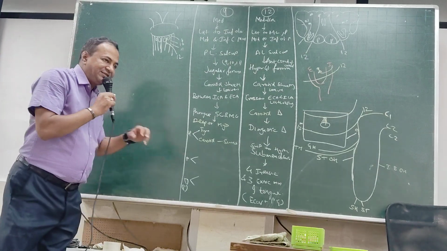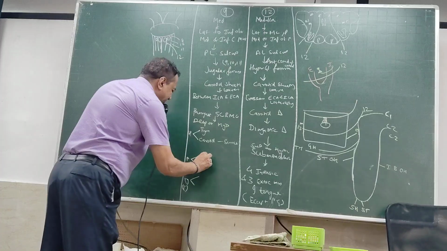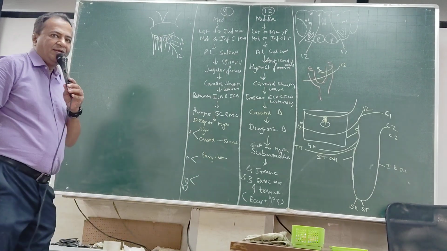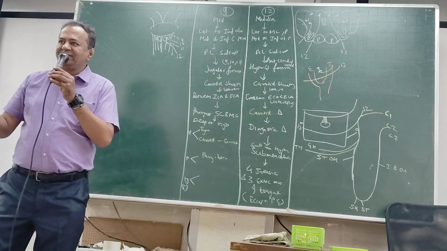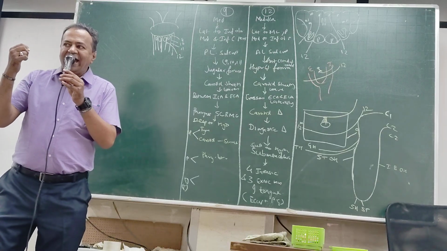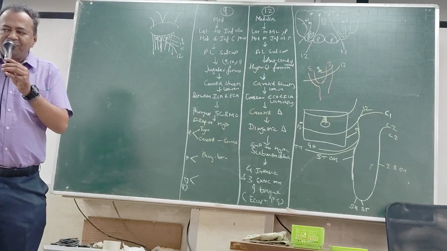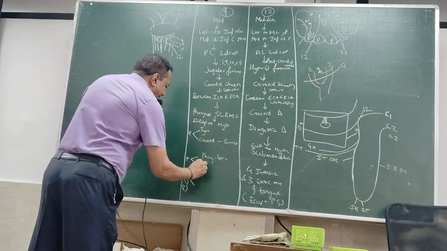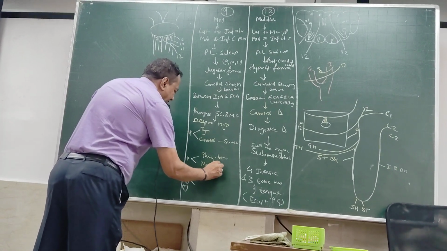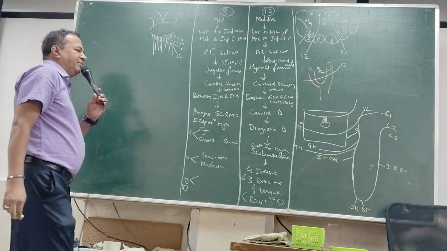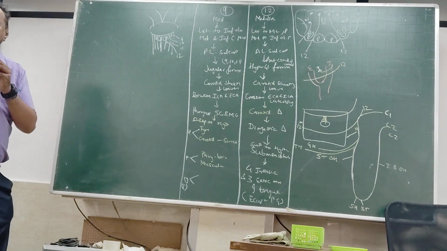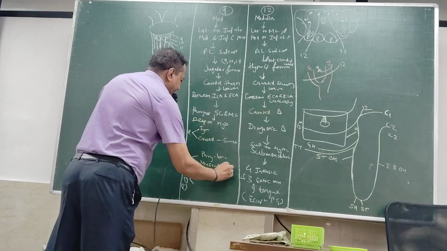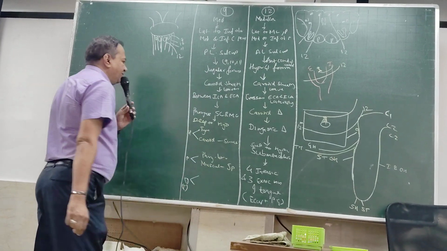In the pharynx, it gives a pharyngeal branch which is sensory to the pharynx. So pharynx का जो गैग रिफ्लेक्स है, we touch the posterior wall of pharynx है, सारे मसल्स कॉन्ट्रैक्ट है, उसका एफरेंट. And it gives a muscular branch to the stylopharyngeus muscle.